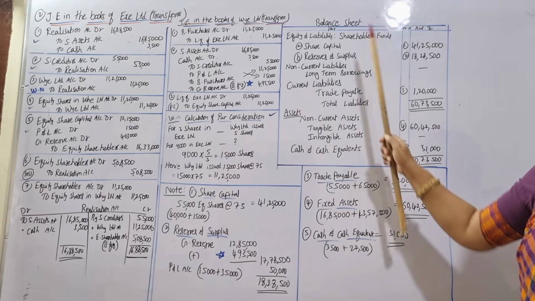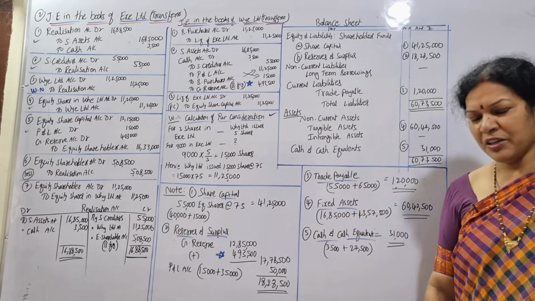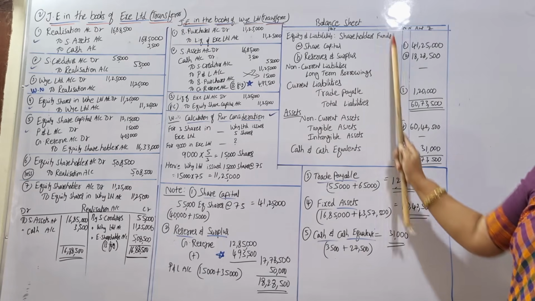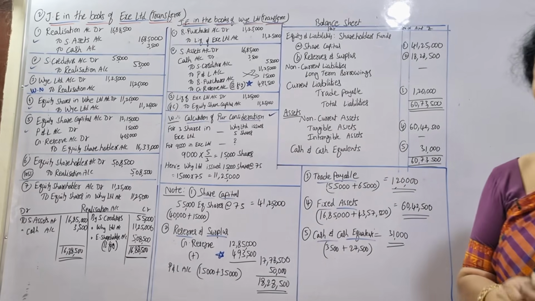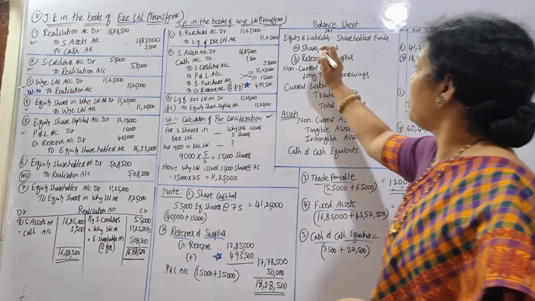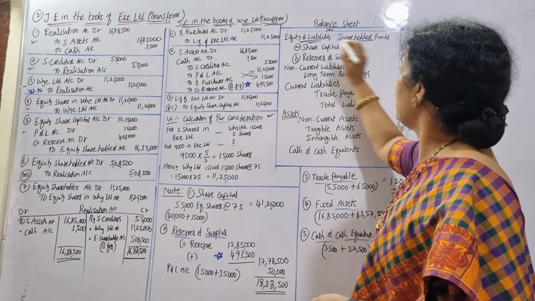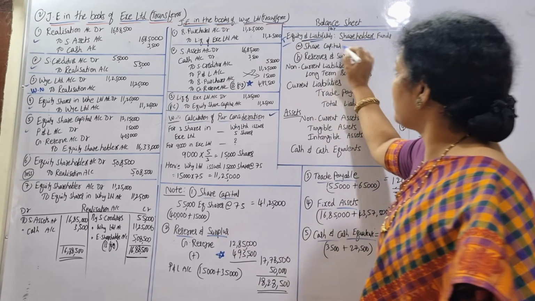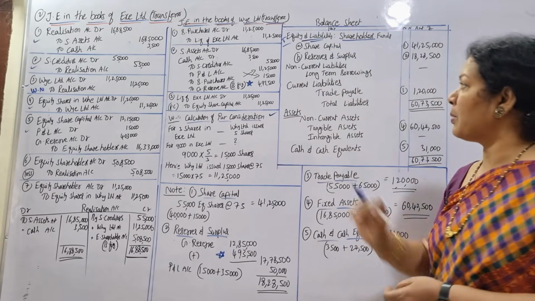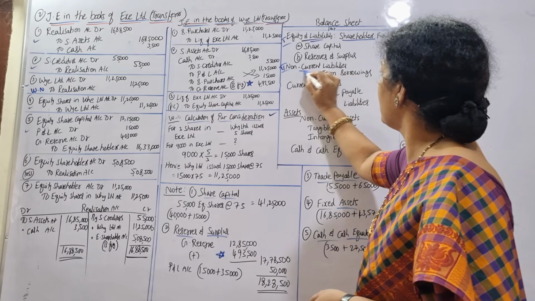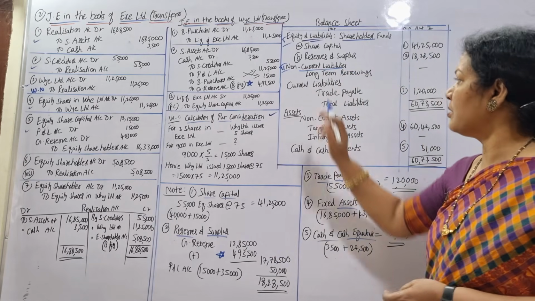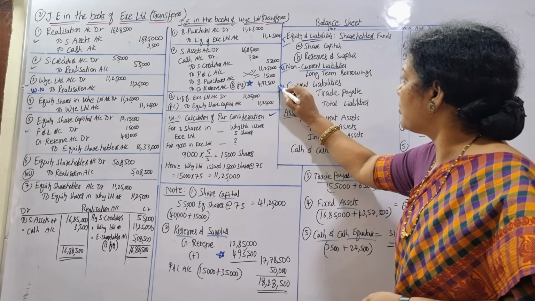Now we'll come to the balance sheet. The balance sheet is also very simple. First, you can write the pro forma and underline the main important points. What do you write on the balance sheet? First of all, equity and liabilities. Shareholders' funds is the first point, under which are share capital and reserves and surplus. Second is non-current liabilities, long-term borrowings. Third is current liabilities.